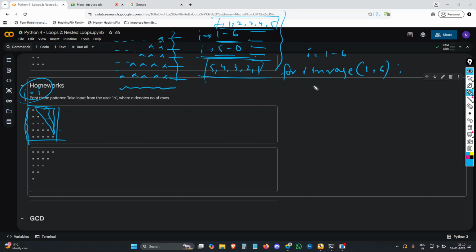Now, if I run a j in range here, any range I give, and if I print a star or anything, it will immediately fill this space, right? But I want this space to be left out. I want this entire space to be spaces, right? Correct? You agree with me? Till here, you're there, guys?